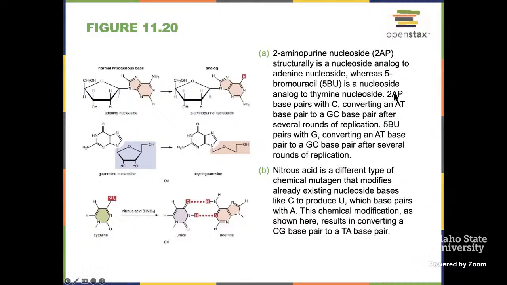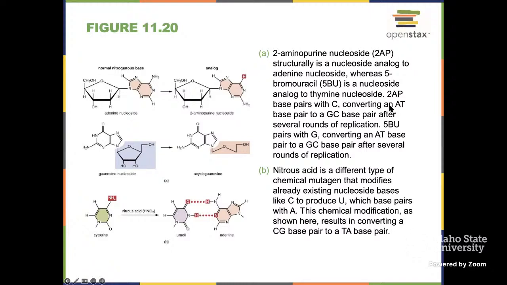The aminopurine nucleoside, that's the analog to adenine, A and T, right? This converts the ATs to GCs. It pairs with a cytosine instead of a thymine.